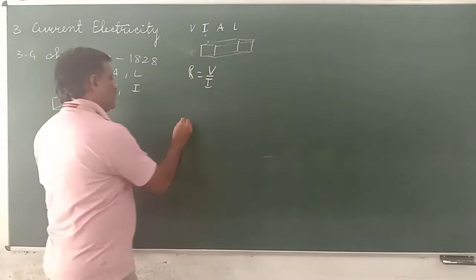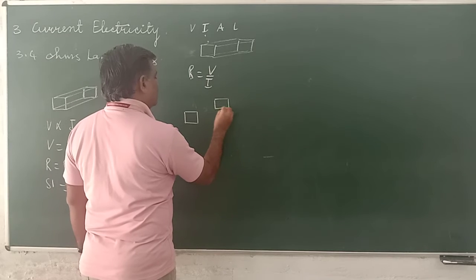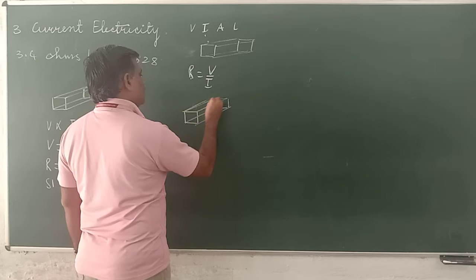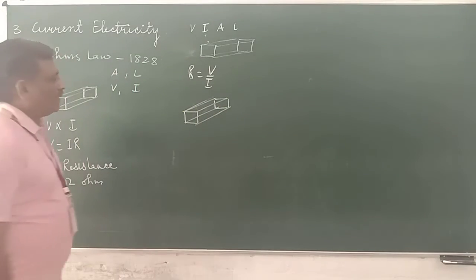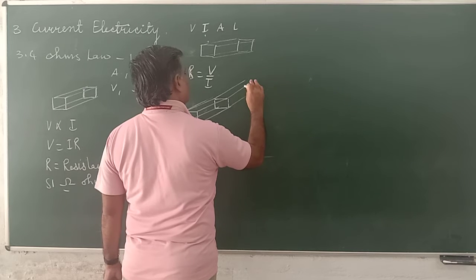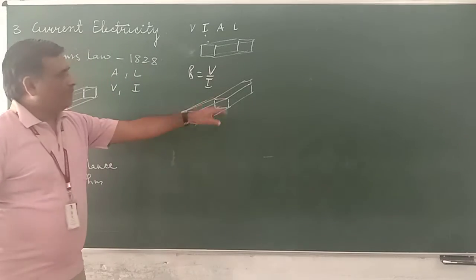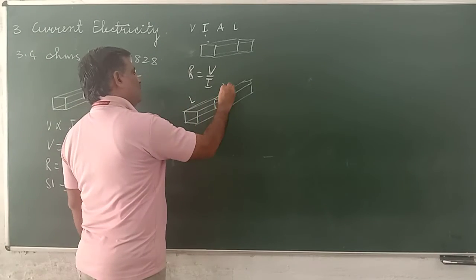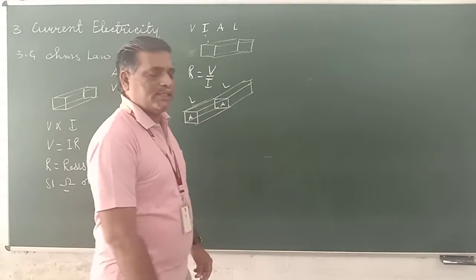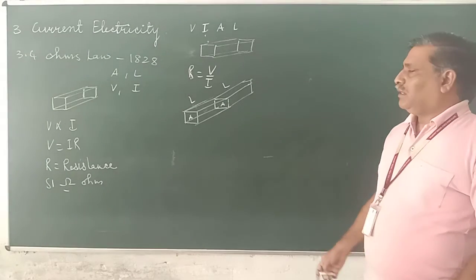Now I am taking two conductors of the same dimensions and joining them together. Each has length L, and the area of cross section A is the same.